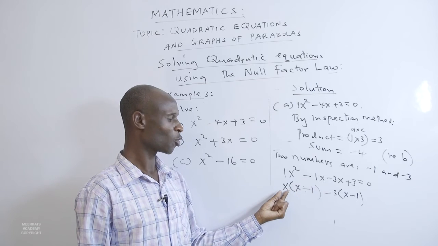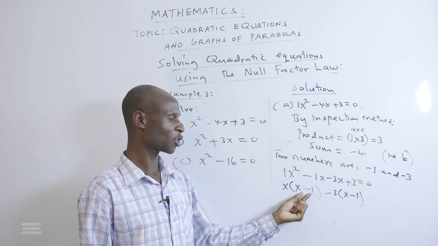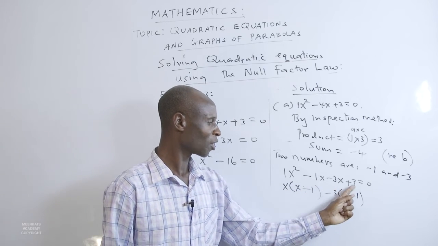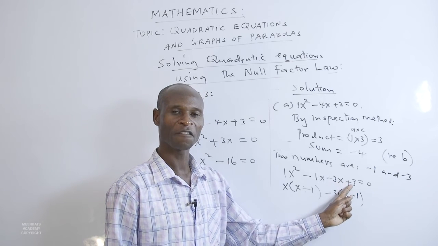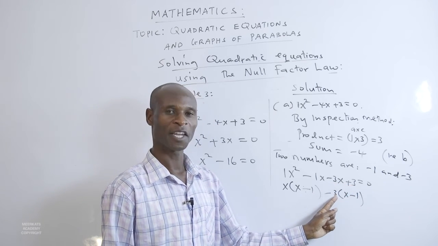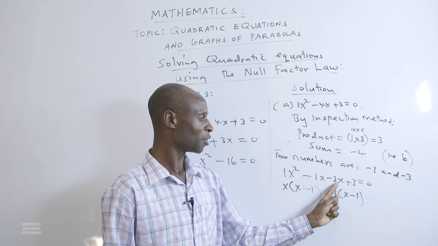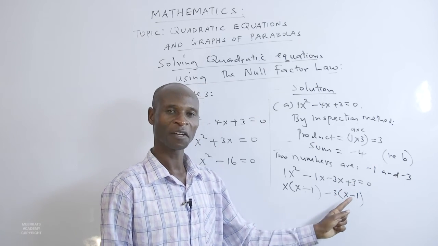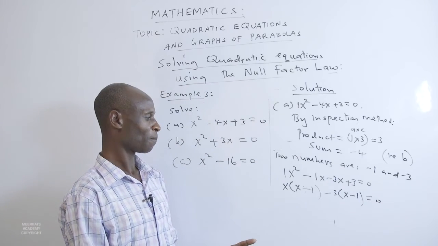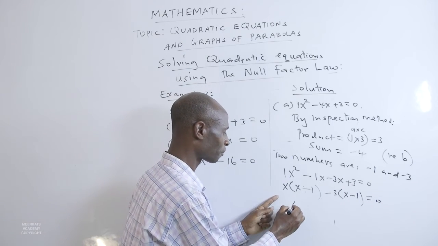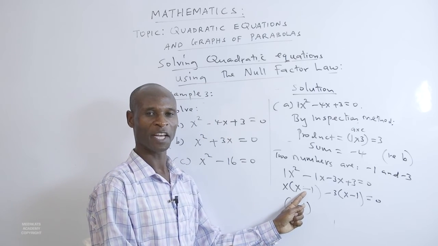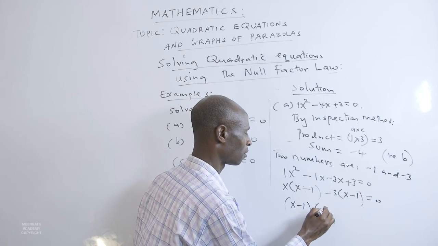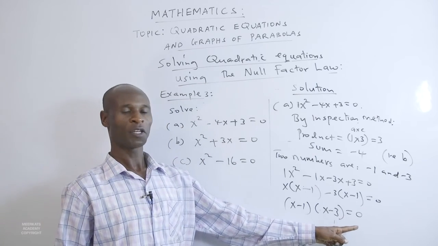The second term, x is common. So we put it outside, x into x minus 1, because x squared divided by x is x, and negative 1x divided by x is negative 1. Then in the second bracket, the third term and the fourth term, the common factor is negative 3. So we factor out negative 3. Negative 3x divided by negative 3 is x. Positive 3 divided by negative 3 is negative 1, which gives us x minus 1. So the linear factors will be, we write the repeated one, x minus 1 first, followed by x minus 3 as the second linear factor.